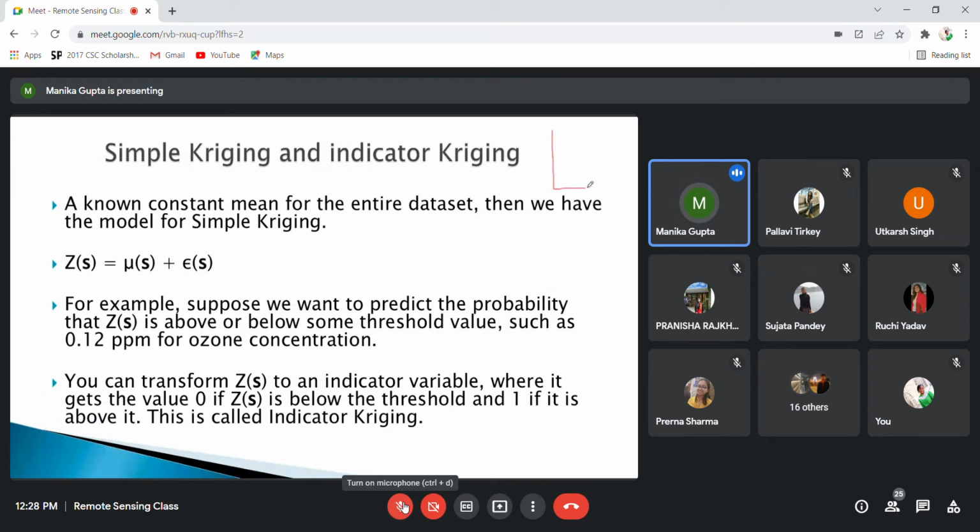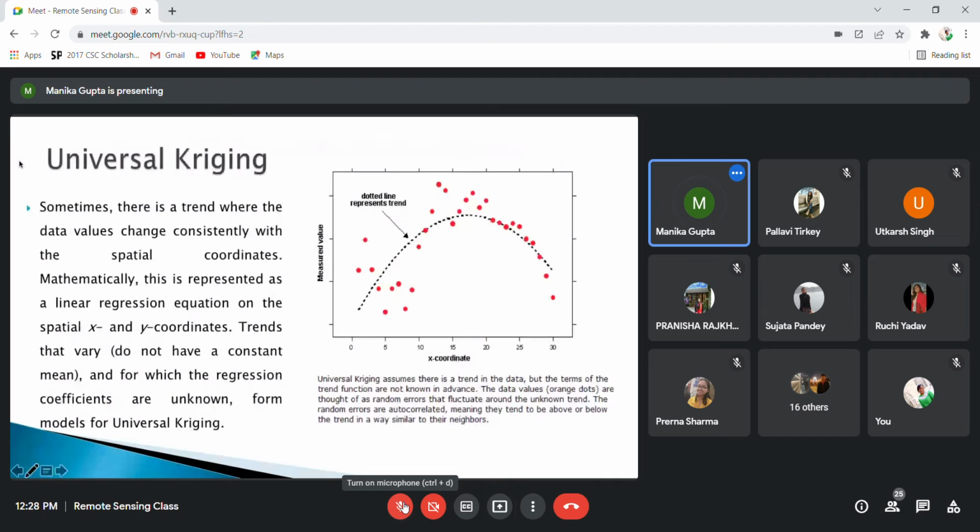I think I have told this part before also, when we talked about correlation. So here also I'll talk about something on that. We have two variables, one on the x-axis and the other on the y-axis.